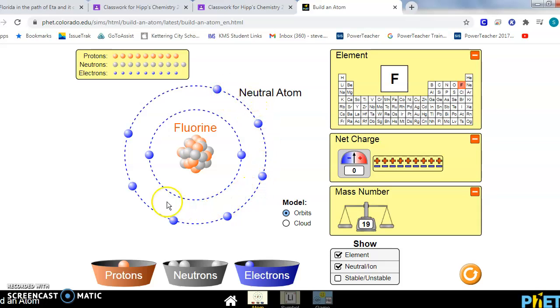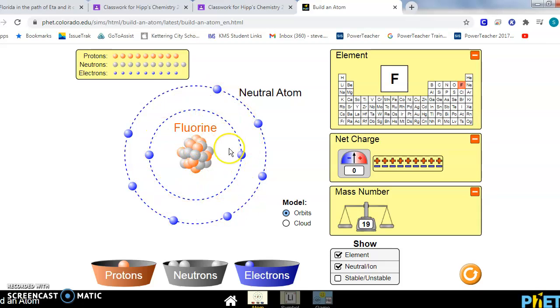We learned in other videos that the second level will hold 8 electrons. If fluorine could get 1 more electron, it would put 8 on that level. We know that 8 is a magic number on every level except the first. The magic number is 2. 2 electrons on the first level fill it, thus the word duet rule.